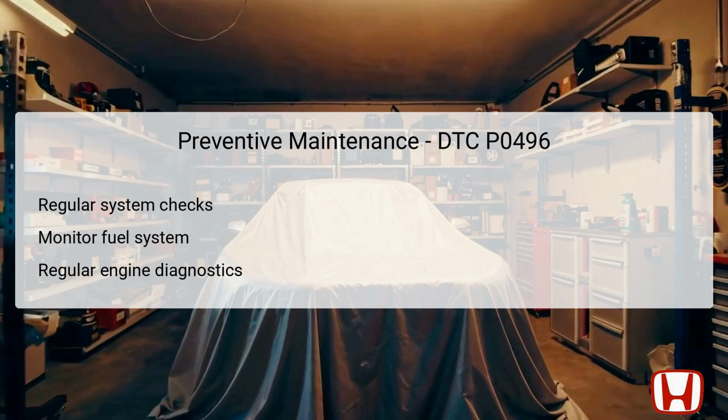Performing routine engine diagnostics ensures that any emerging issues are identified before they escalate. By prioritizing these preventive measures, owners can keep their vehicles running efficiently while promoting environmental responsibility through lower emissions.